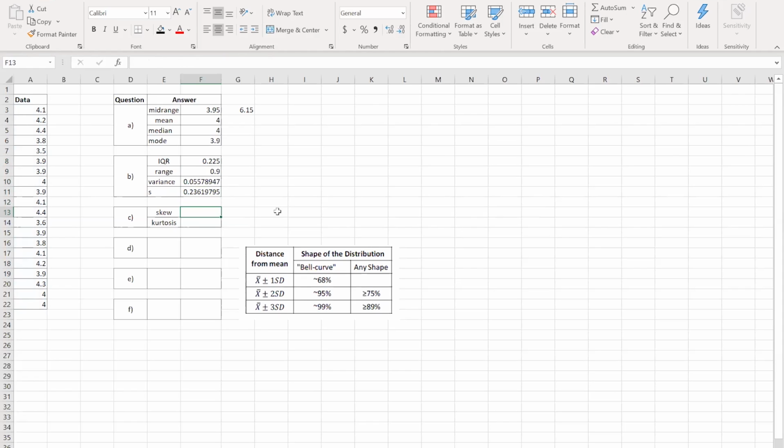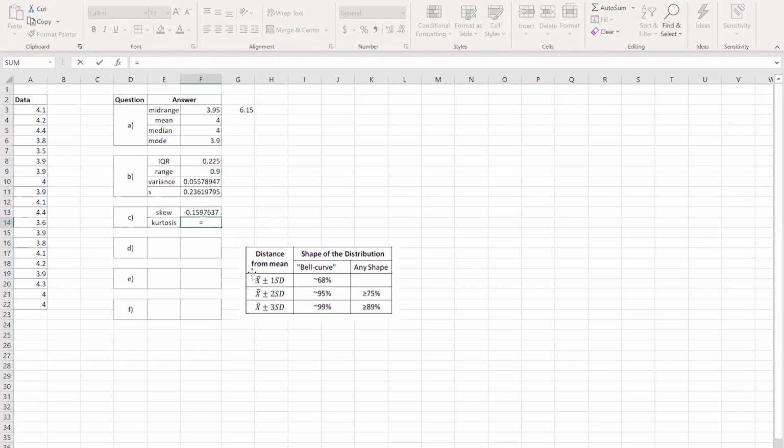All right, and for C, we'll calculate our skew, which is just SKEW, and select our data, close parenthesis, enter. We get a negative number, so we have a slight negative skew, a little bit of a long left tail.